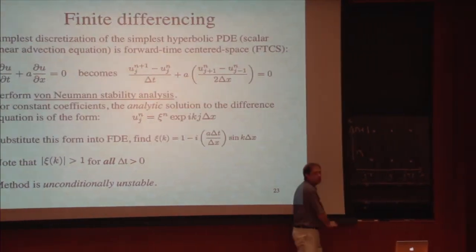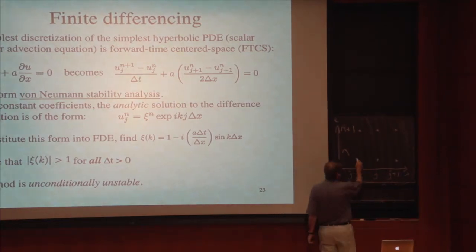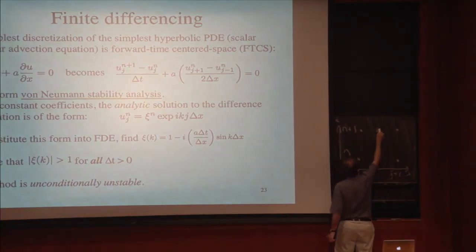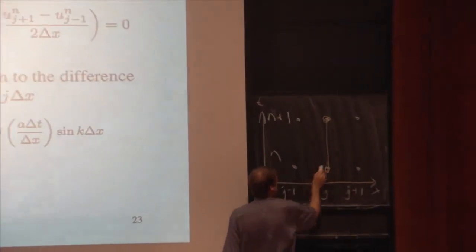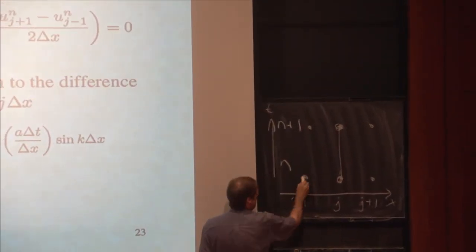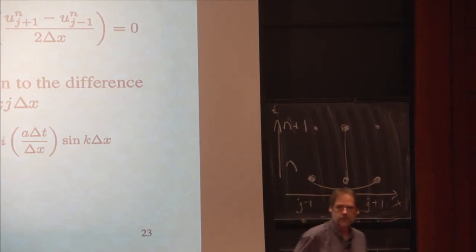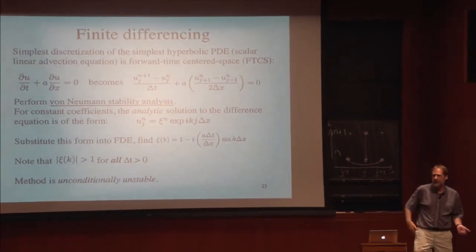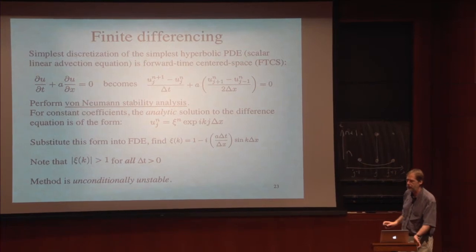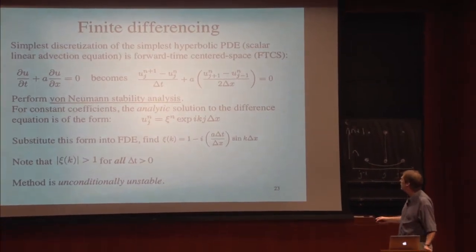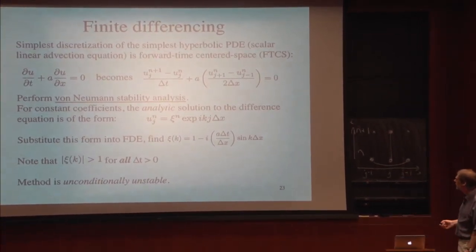I'm trying to find the solution in space-time, and I'm approximating the differential equation by linking these 2 points in time for the time derivative and these 2 points in space using the spatial derivative. Seems perfectly reasonable. It's the first thing you would guess to do. It's the center difference approximation for this equation.